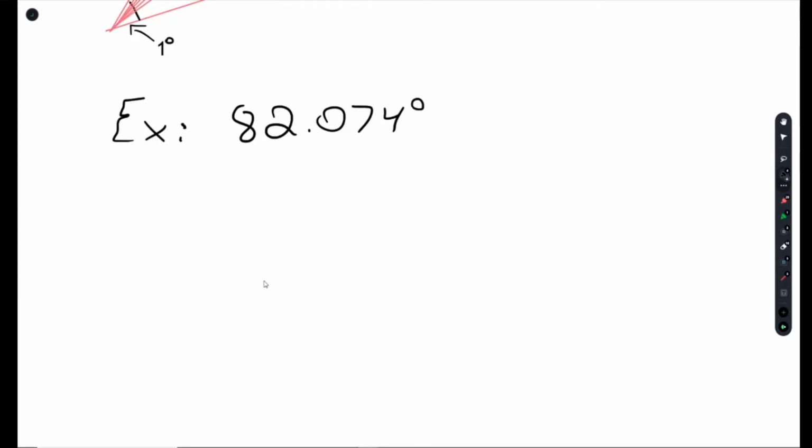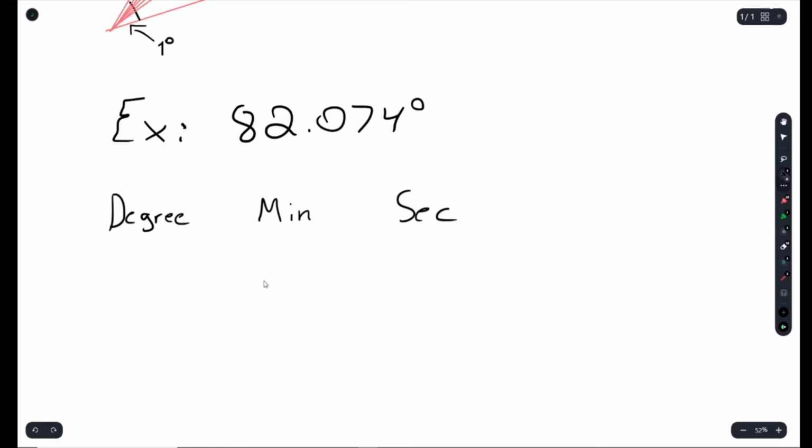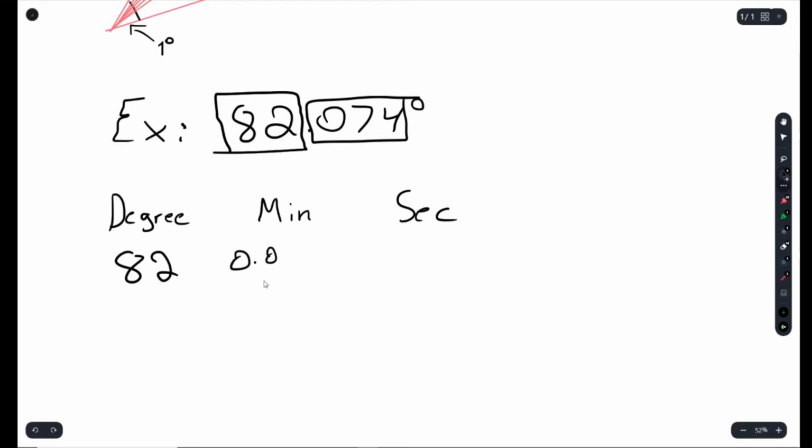So the way you can convert from degrees to DMS, which is short for degree minute second, is by following these few steps. So first of all, I'll write it down here: degree, then minute, then second. The degree is the number before the decimal point, so it's 82. And then to get the minute, you take the number after the decimal point, which is 0.074, and you multiply it by 60.